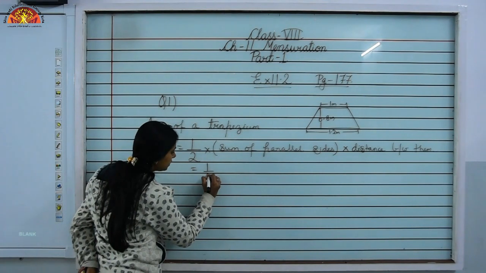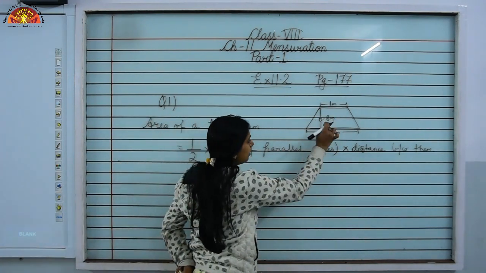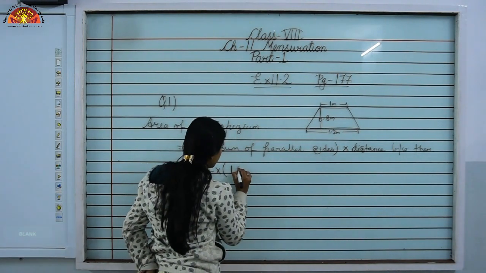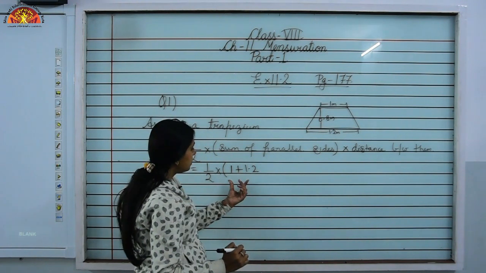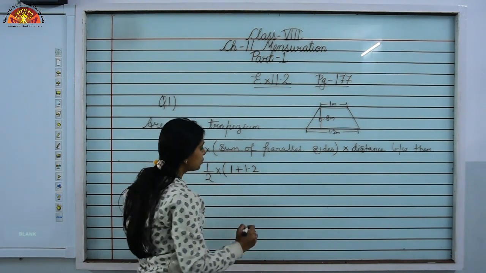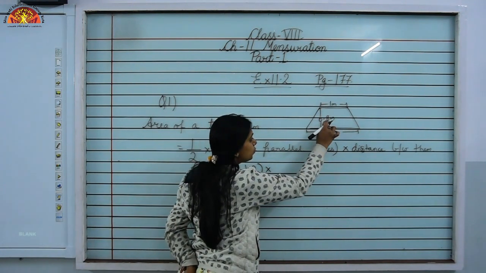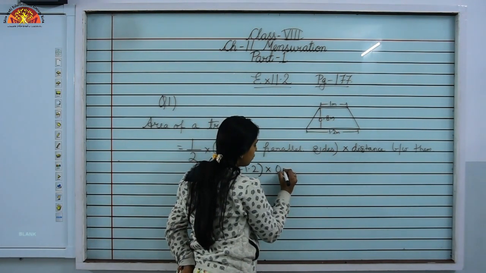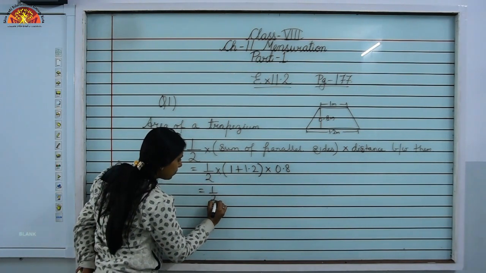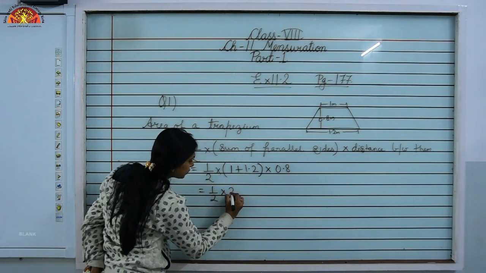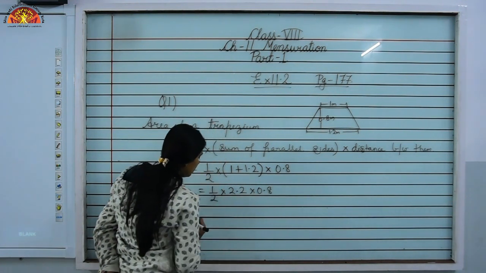So half into sum of the parallel sides, that is 1 plus 1.2, that is the parallel sides length is given to you, into distance between them. So distance between the two parallel sides is 0.8. Now you can just simplify 1 upon 2 into 2.2 into 0.8.